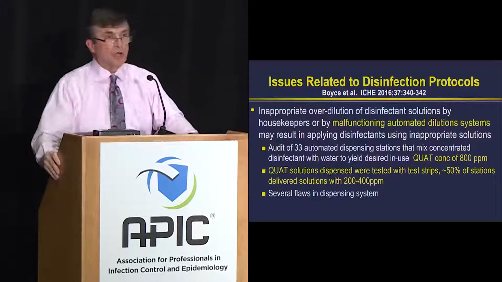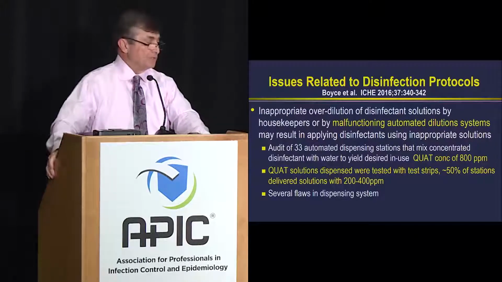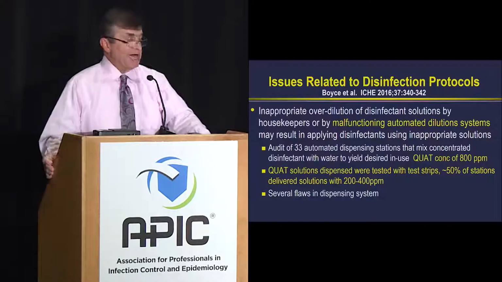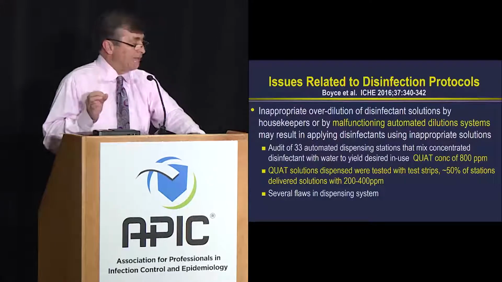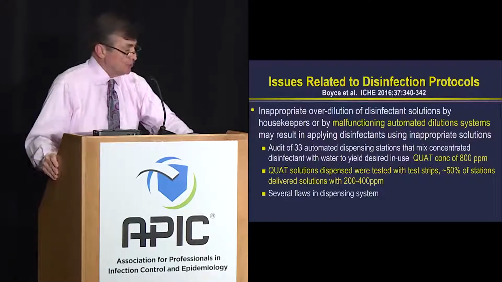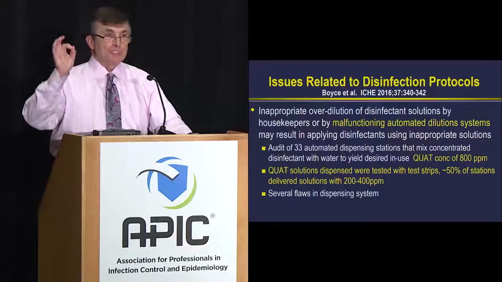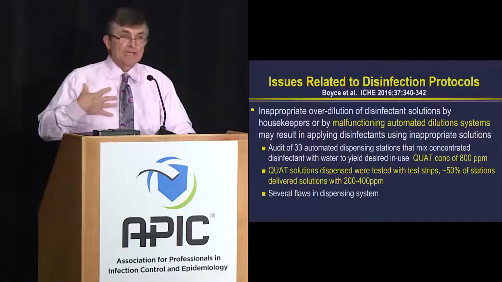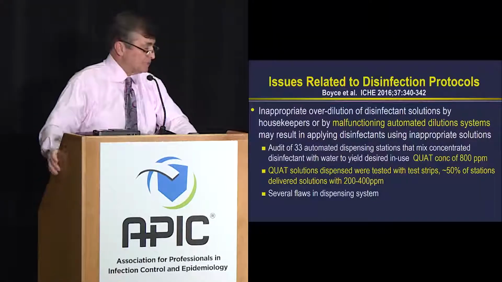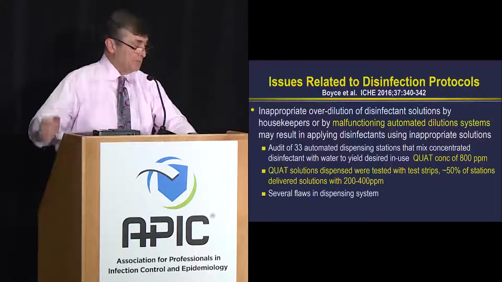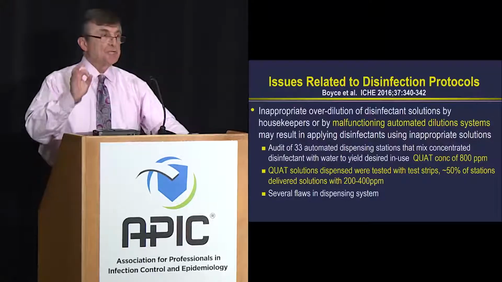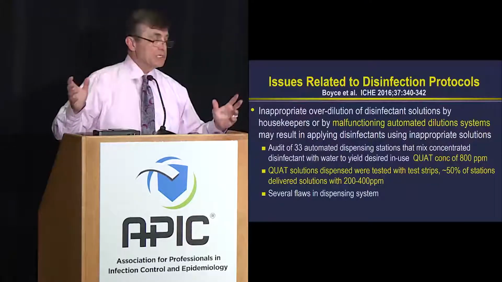This was a paper that talked about inappropriate over-dilution of disinfectant solutions by housekeepers or by malfunctioning automated dilution systems. So this was a malfunctioning automated dilution system, those dispensers that we commonly have, of course, throughout our hospital if we're using something like a quaternary ammonium compound. The concentration of this quat was supposed to be 800 parts per million.